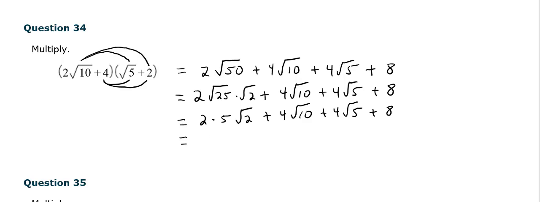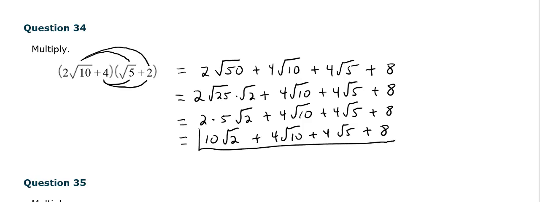And we know 2 times 5 is 10. So we have 10 square roots of 2 plus 4 square roots of 10 plus 4 square roots of 5 plus 8. Since they're all simplified, there's no like terms, so that would be our final answer.